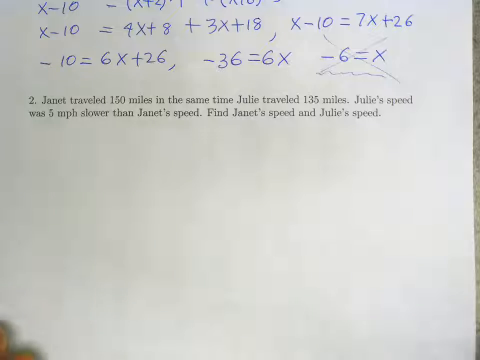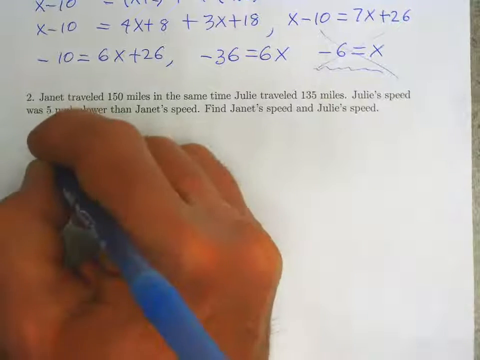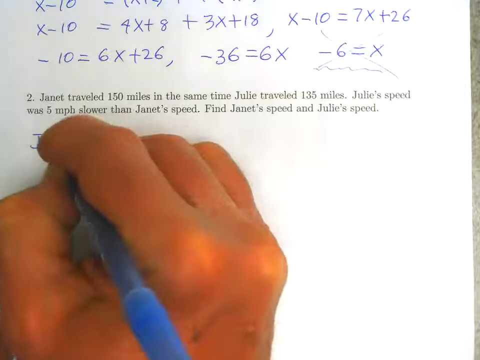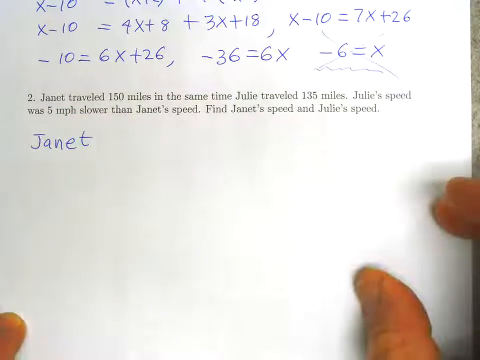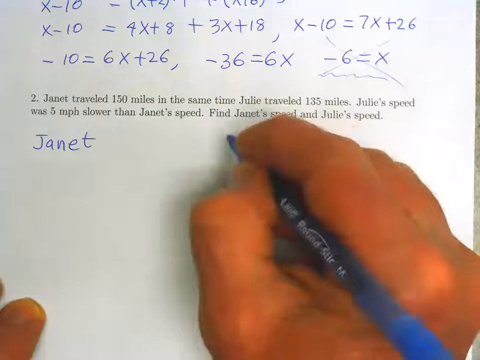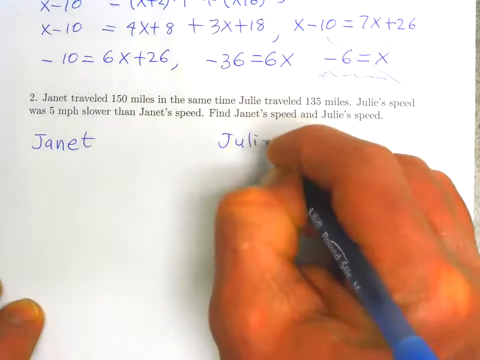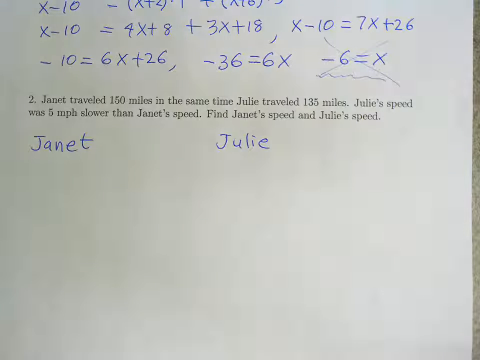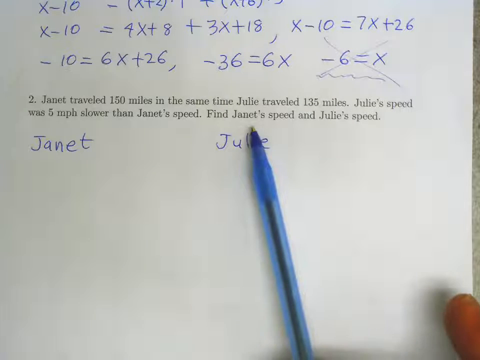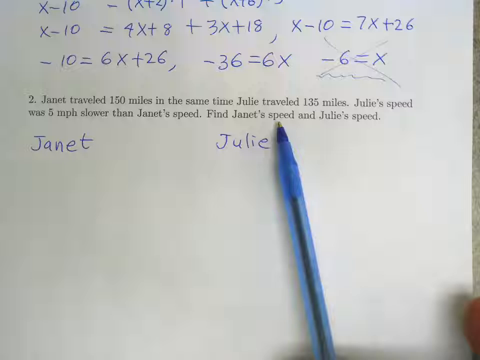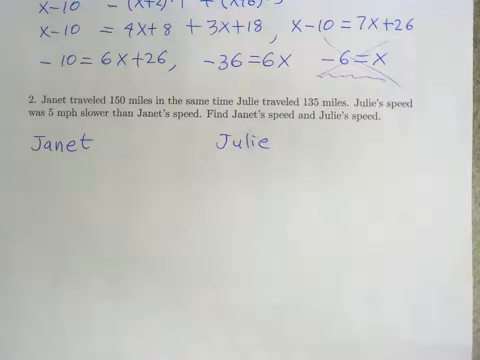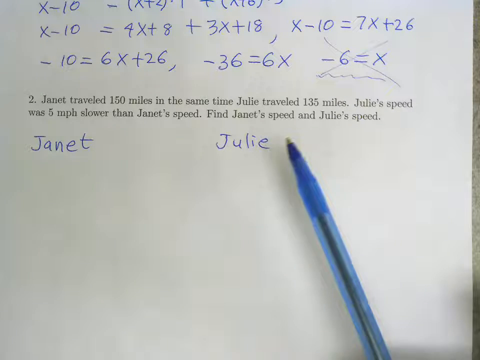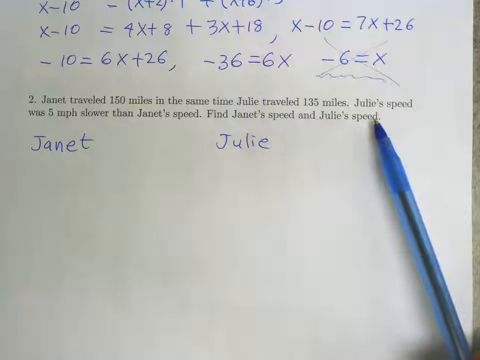So we'll set up two equations, one for Janet and one for Julie, each having the form rate times time equals distance. We get to pick letters to represent quantities that we're supposed to find. We're supposed to find Janet's speed and Julie's speed, or in other words, find Janet's rate and Julie's rate.